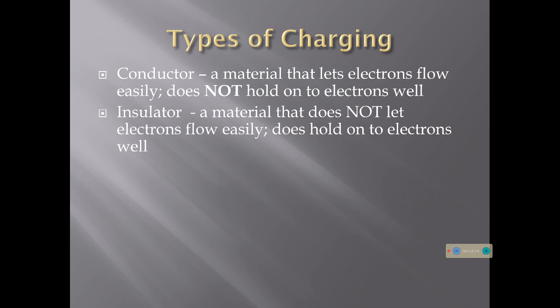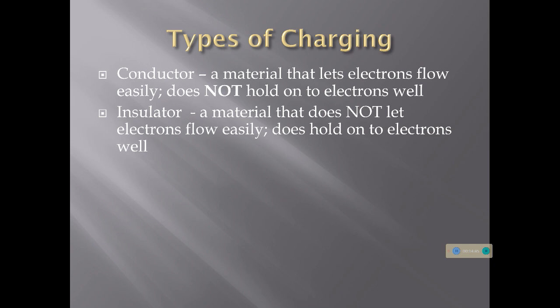One, it does not hold on to electrons well. So if I want to hold a charge in a particular location, should I use a conductor? Probably not. Of course, an insulator is the exact opposite. It does not let electrons flow easily and holds on to electrons incredibly well.